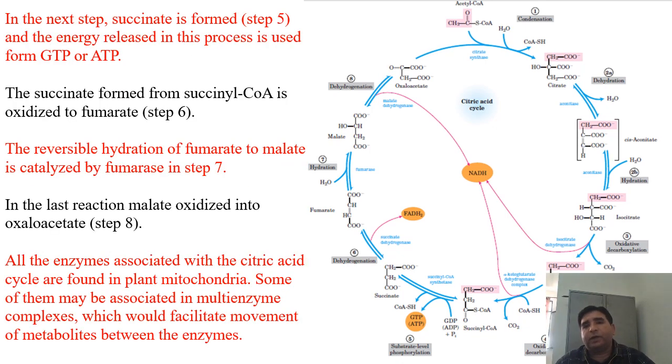The final step of the Krebs cycle is where oxaloacetic acid is made, and again it combines with acetyl coenzyme A and starts a new cycle.